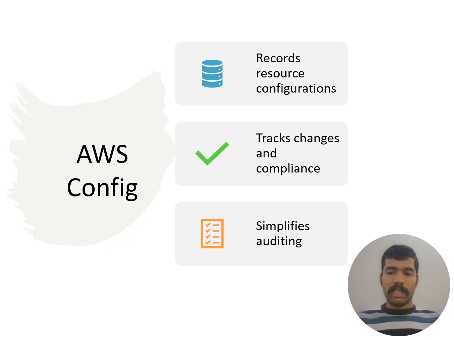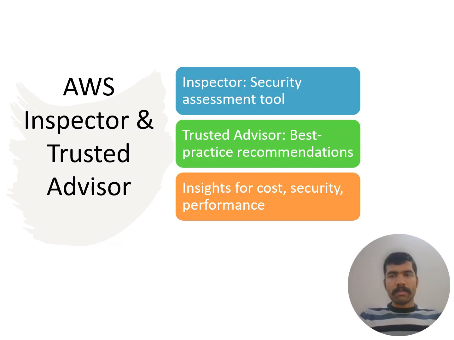Now, moving on to our next topic: what is AWS Inspector? Basically, it's an automated security assessment tool that scans EC2 instances and container workloads for vulnerabilities and missing patches. It provides prioritized findings so security teams can address issues efficiently. And AWS Trusted Advisor, meanwhile, offers real-time guidance to help optimize cost, performance, and security.